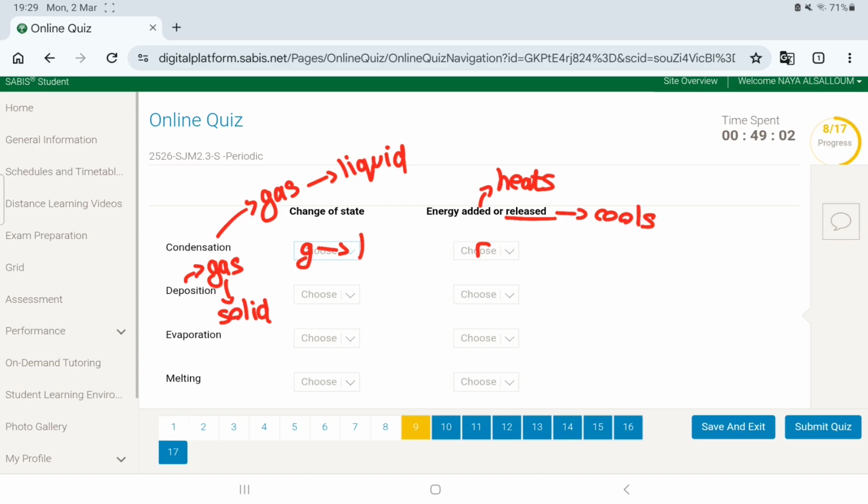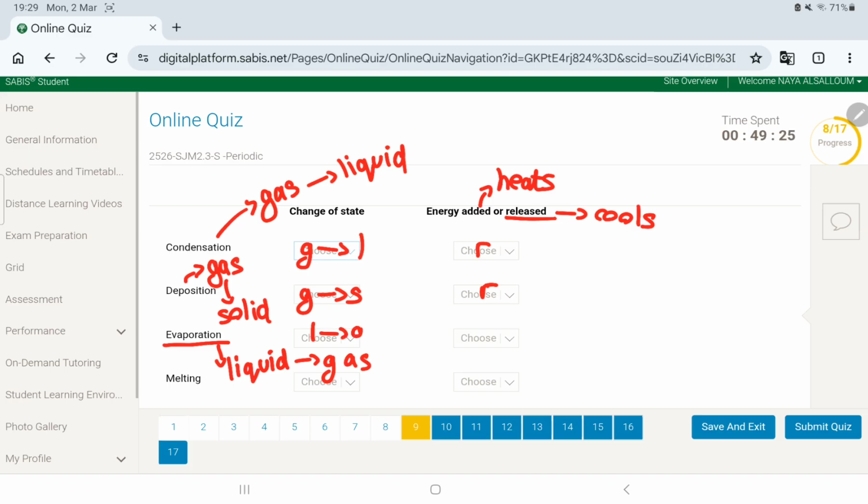So imagine gas to solid, this needs a really, really low temperature. So obviously, thermal energy is being released.